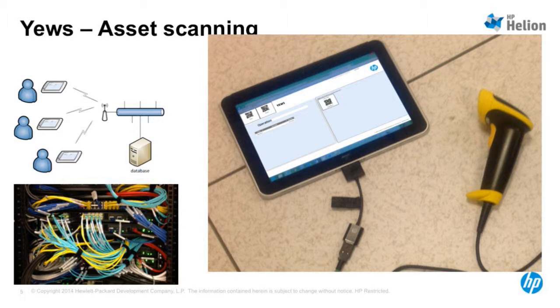This not only lets you keep a really accurate inventory of what hardware you have, but also where it resides. The picture shows what a typical data center rack looks like, with the jumble of wires. Even though this is such a simple solution, it is critical for bringing in the reliability of your data.